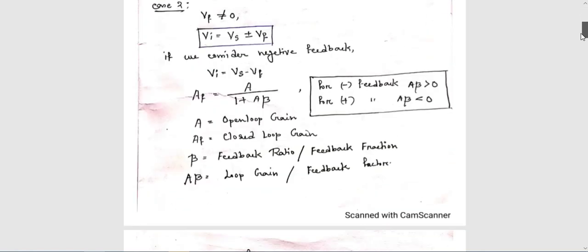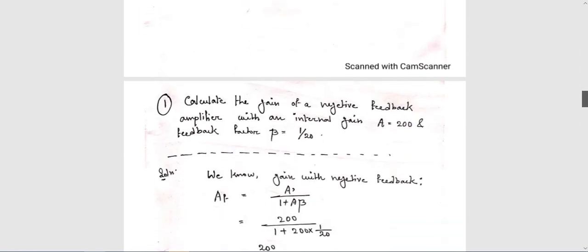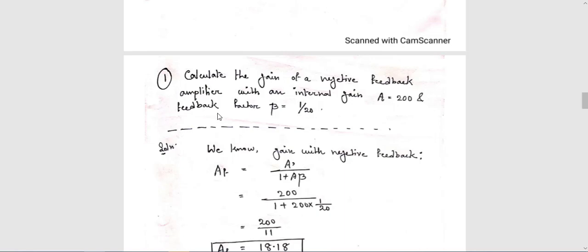In my lecture I showed you that beta is the feedback ratio or feedback fraction, and feedback factor means 1 plus A beta. But in the question it is written that feedback factor is equal to beta, so you have to correct this. This is not feedback factor, it will be feedback ratio.